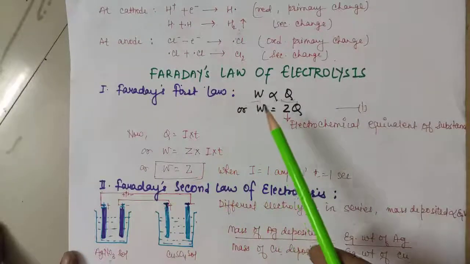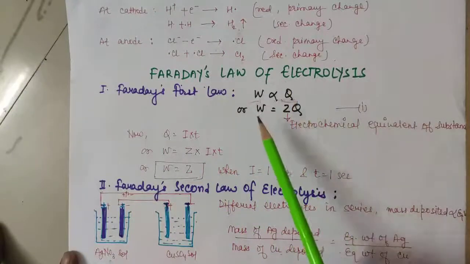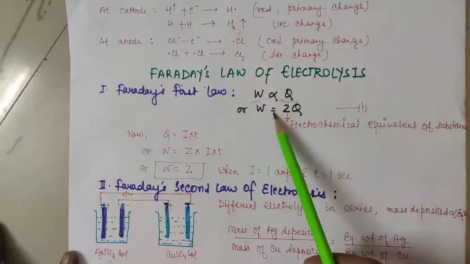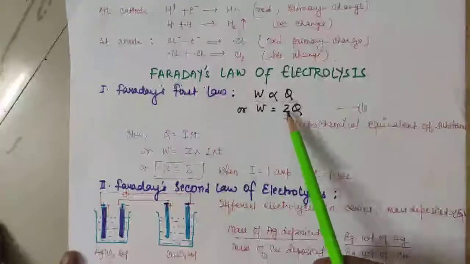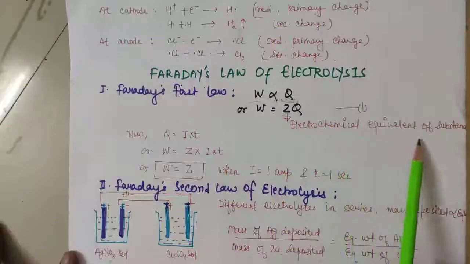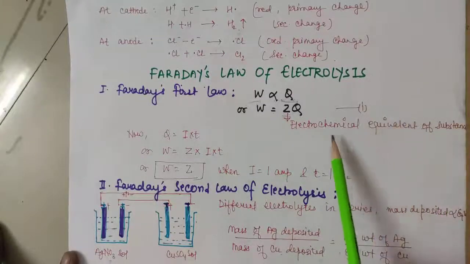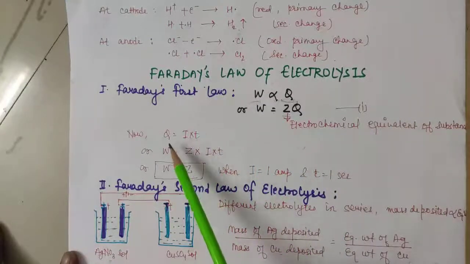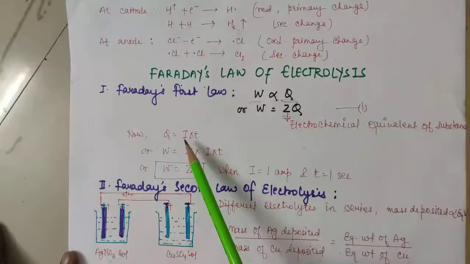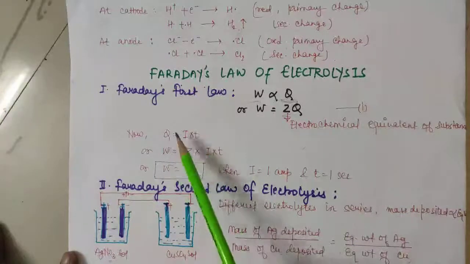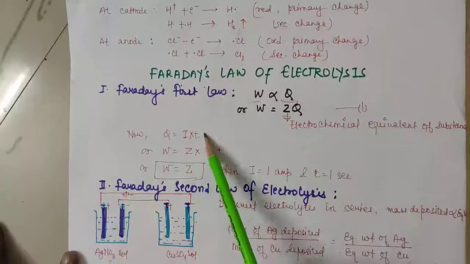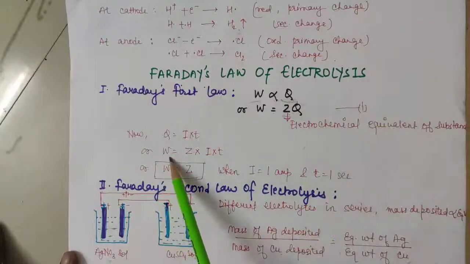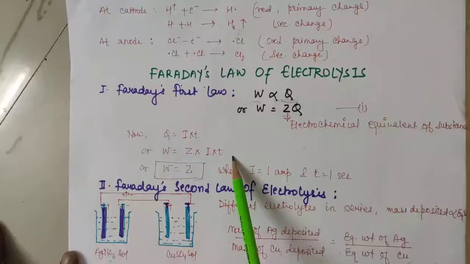That is, W is directly proportional to Q. Removing this proportionality sign, we get a constant Z known as the electrochemical equivalent of the substance. Now we know that charge is equal to current into time. Placing It in place of Q, we have W equal to ZIt.